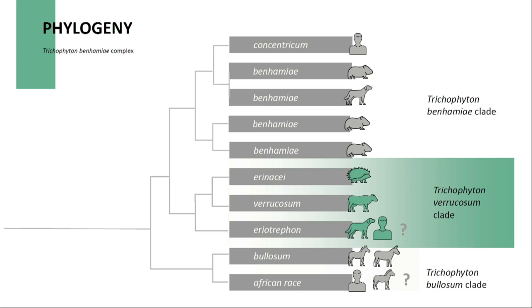As you may remember from the talk of Vít and also from other talks, Trichophyton erinaceus is part of the Trichophyton benhamiae complex. It's closely related to Trichophyton verrucosum, the cattle-associated fungus, and to Trichophyton erythrophyton, whose host spectrum is unknown.